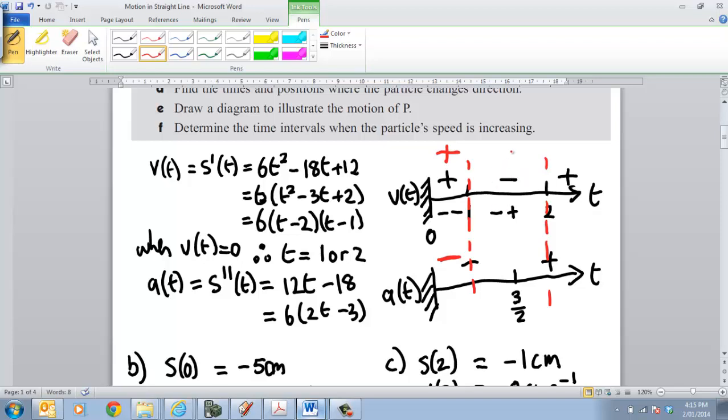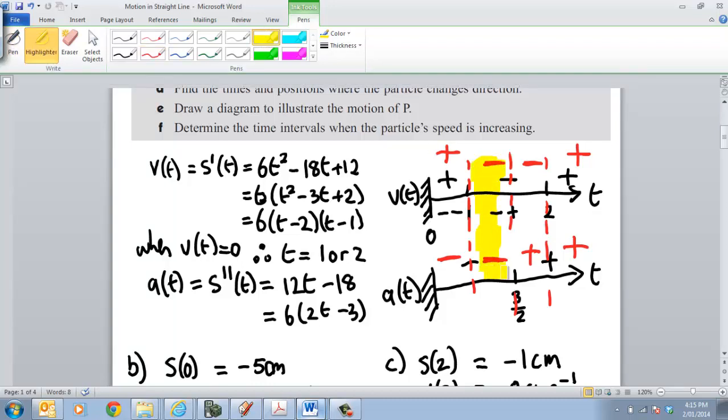In this section here, that's got a negative sign, and that's got a negative sign. In this section here, it's got a negative sign there, and it's got a positive sign there. And here it's got a positive sign and a positive sign. So in this section and in this section, they have the same sign, so we can talk about the speed increasing for t equals 1 to 1.5 and t greater than 2.